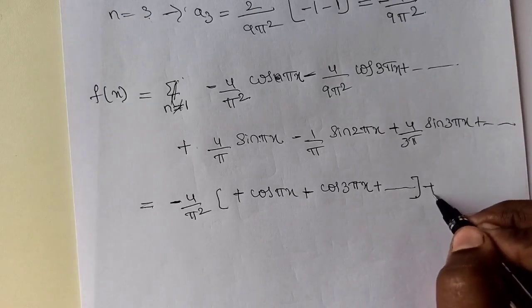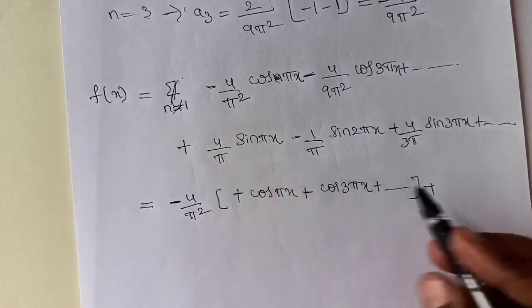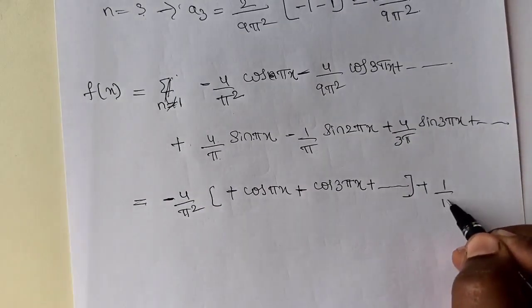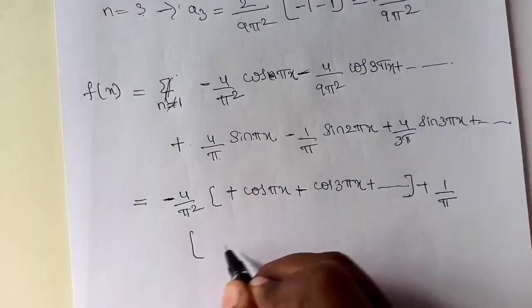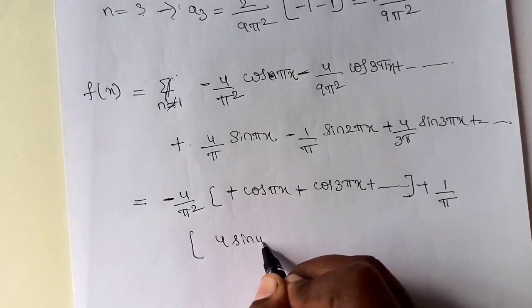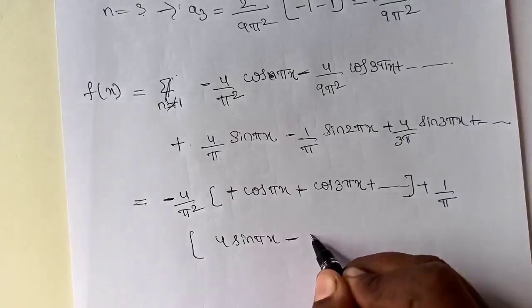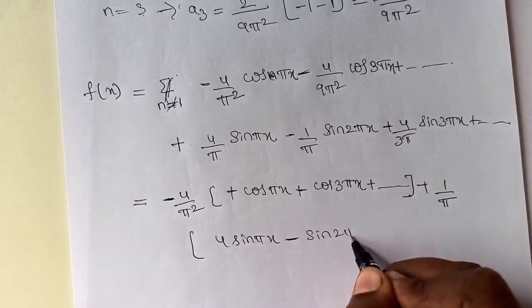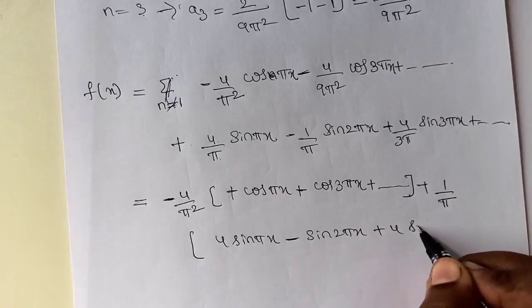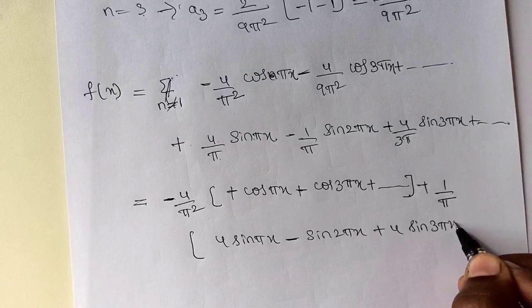Plus in this case 1 by pi can be taken outside, so we get 4 sin pi x minus sin 2 pi x plus 4 sin 3 pi x and so on.